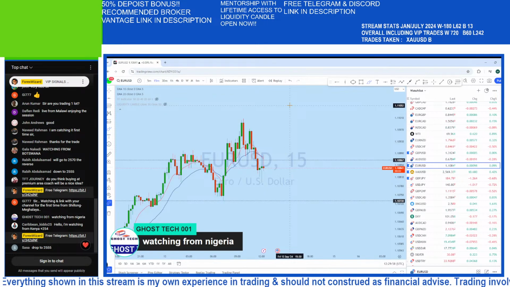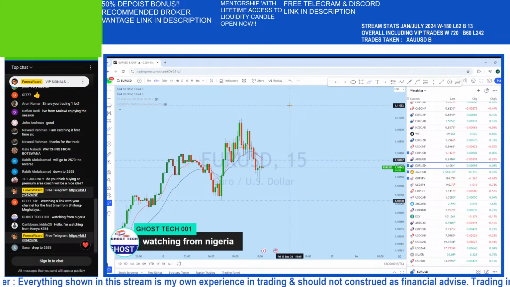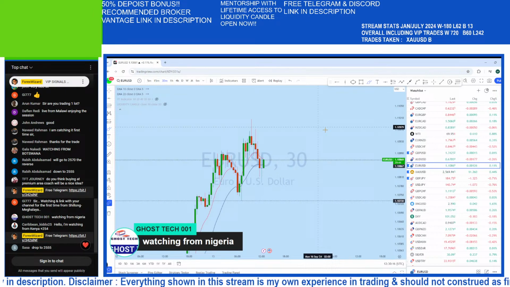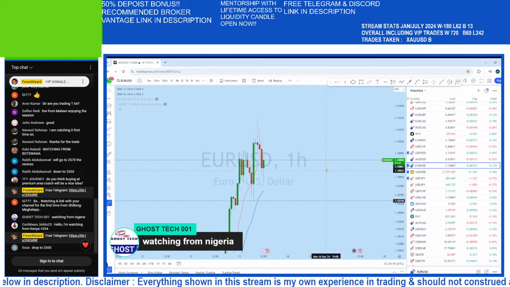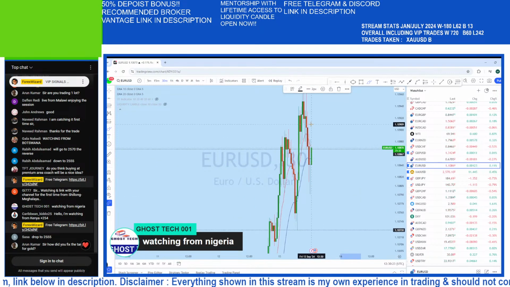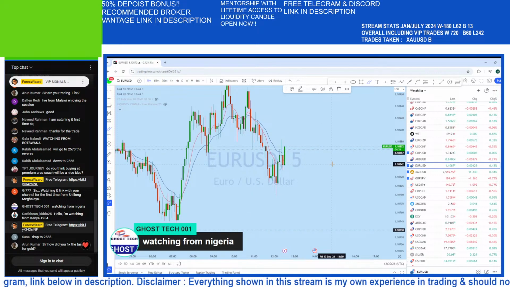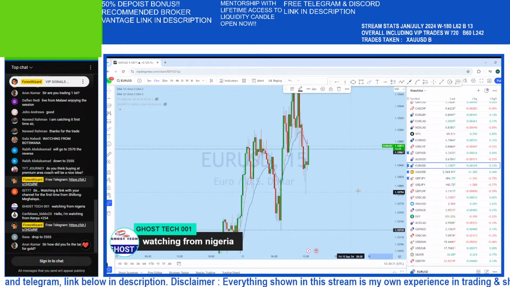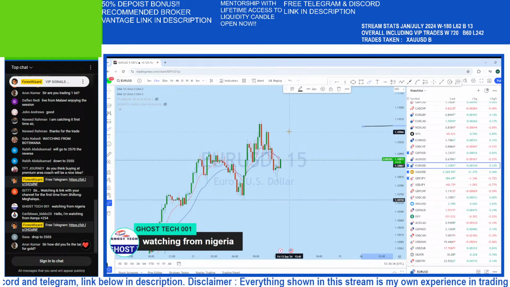So you see there is a doji formation. This is a 15-minute chart. There is a long wick candle, expecting it to drop back down to the support and then to bounce back up.